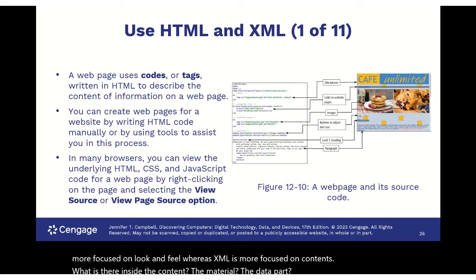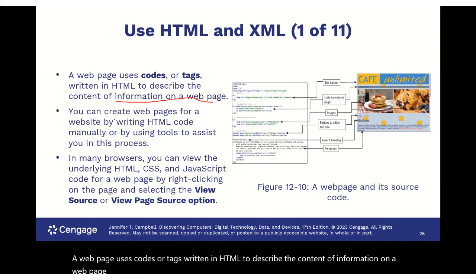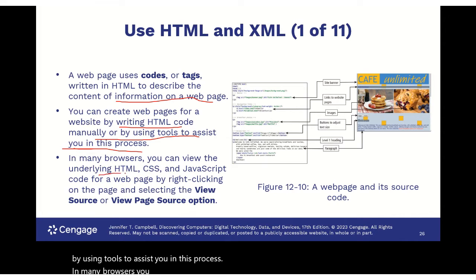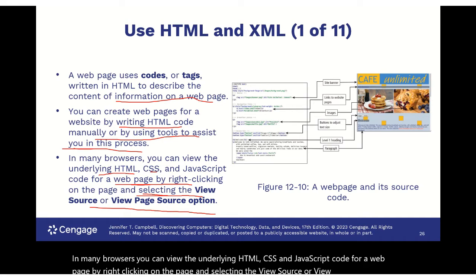A web page uses codes or tags written in HTML to describe the content of information on a web page, right? You can create web pages for a website by writing HTML code manually or by using tools to assist you in this process. In many browsers, you can view the underlying HTML, CSS, and JavaScript code for a web page by right-clicking on the page and selecting the view source or view page source option.